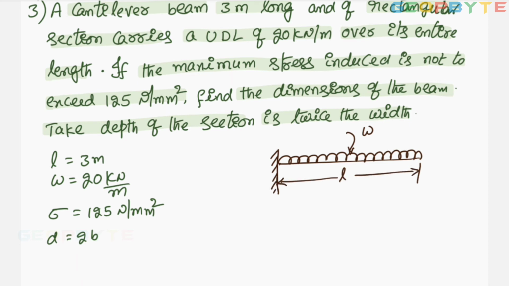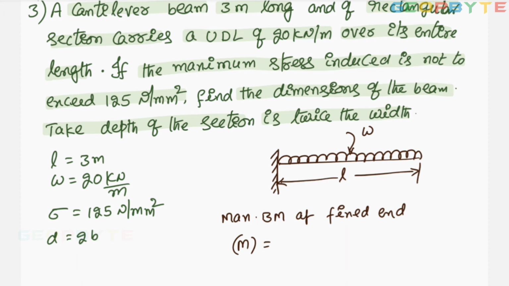Remember, if a cantilever beam is subjected to UDL over its entire length, the maximum bending moment occurs at the fixed end. Therefore, maximum bending moment at fixed end, M equal to, the given load is UDL type.